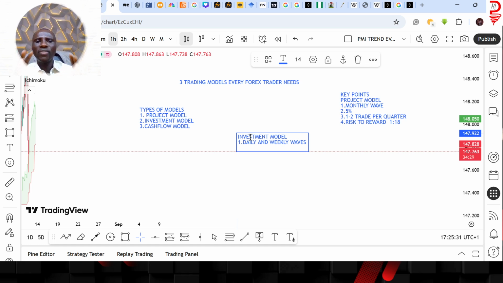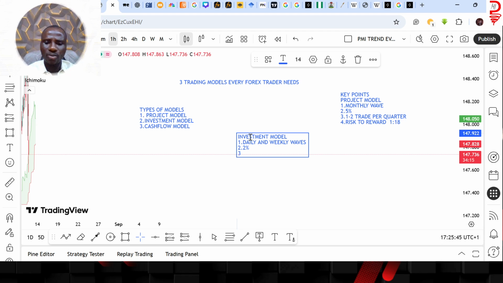On this investment model, we ensure that the maximum you risk is 2% of your account. You are not expected to risk more than that. Whatever amount you fund into this model, you are expected to only risk 2% of that capital.